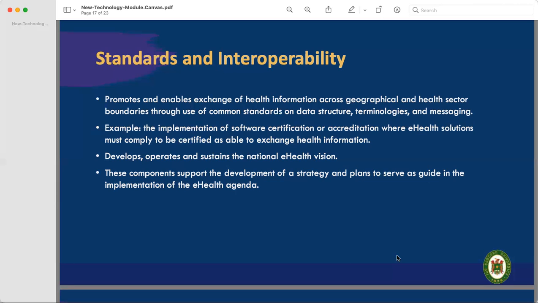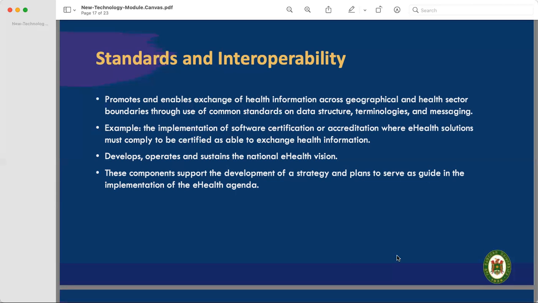They must also undergo certification to ensure that these electronic health records are observing proper protocols in protecting the privacy and confidentiality of the patient. So there will be no room for misuse or abuse of this health information. So a certification or accreditation is warranted.